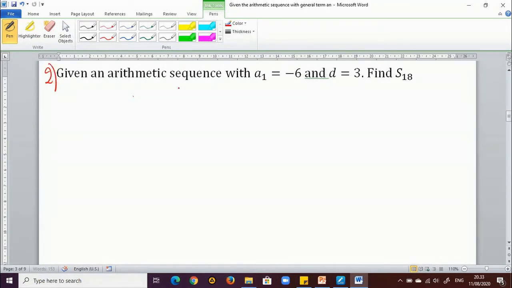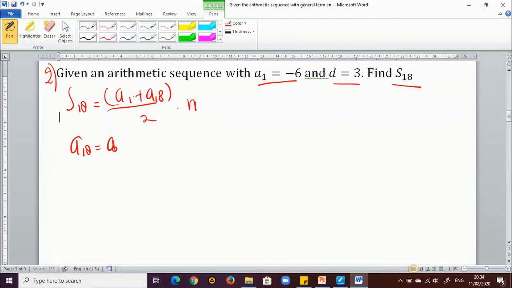So this one is the value for S6, everyone. Example number 2: given an arithmetic sequence with the first term equal to minus 6 and the difference 3, you need to find S18. So in here, we know S18 is the first term plus the 18th term divided by 2 times n, everyone. So we need to find the 18th term. The 18th term is the first term plus n minus 1 times D. The first term is minus 6 plus 18 minus 1 times D, and D is 3.